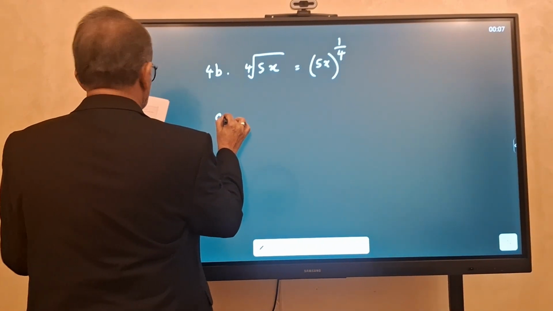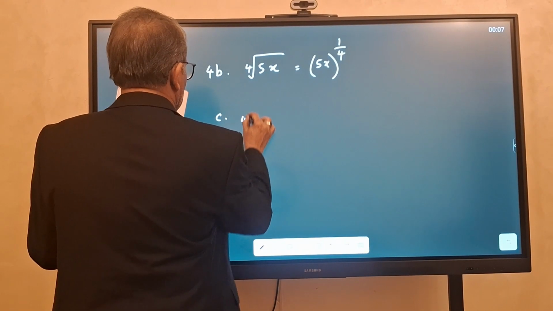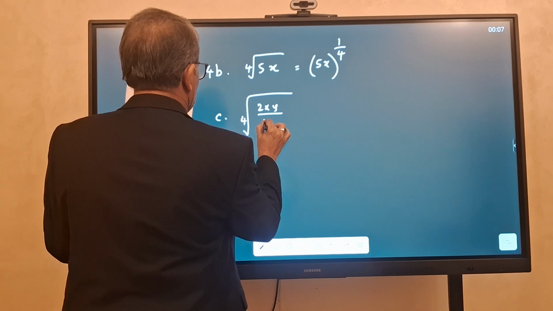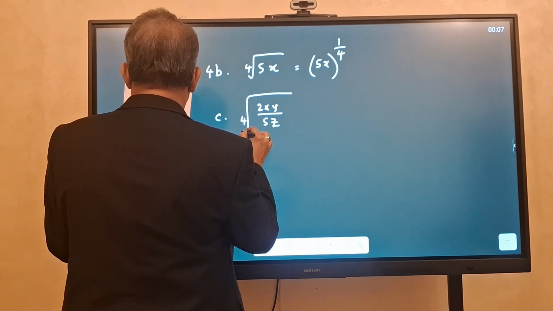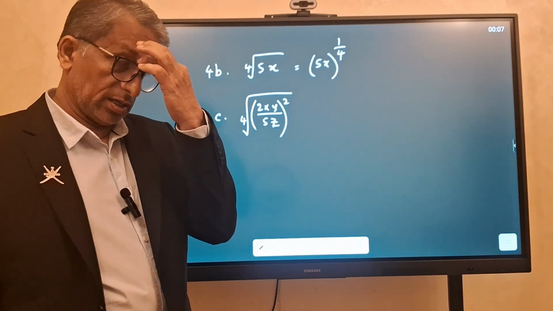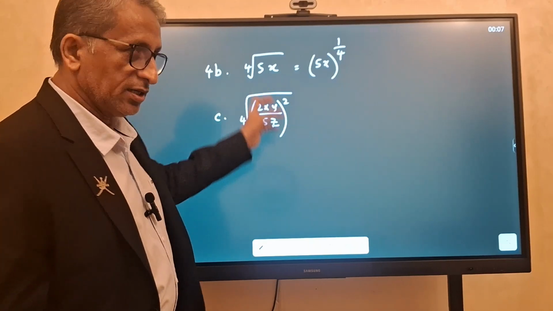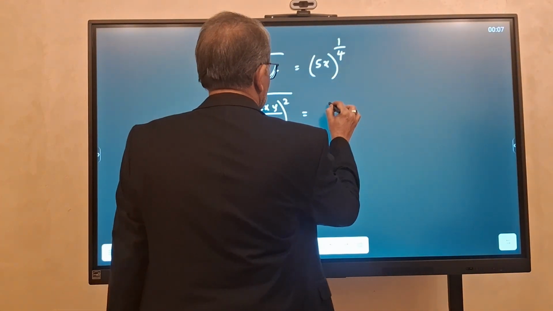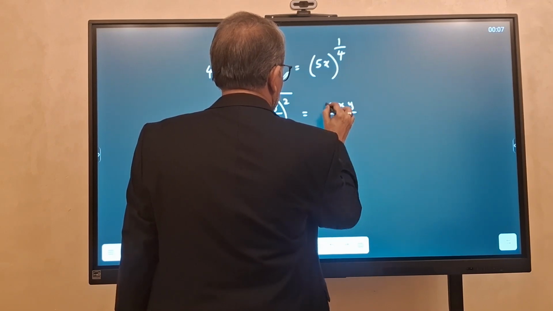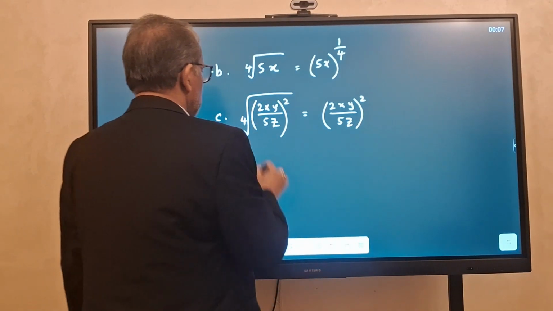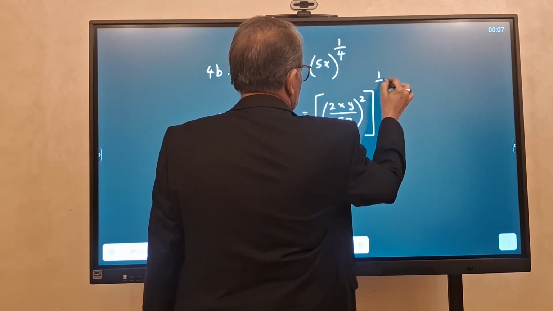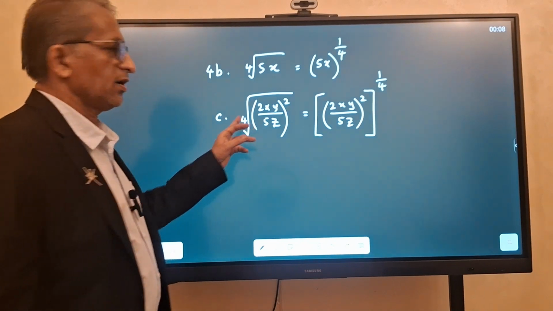C. 4th root of 2xy by 5z power 2. Check first. This is given in radical. What is inside the radical? 2xy by 5z. This is inside the radical. If I convert this into the rational exponent, it is 1 by 4, because here we have 4.